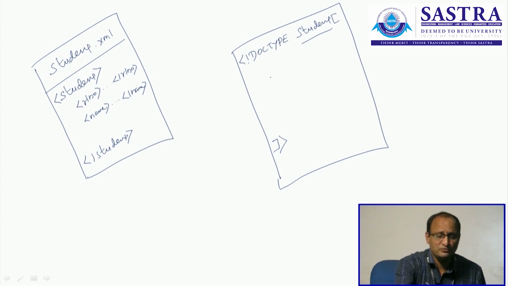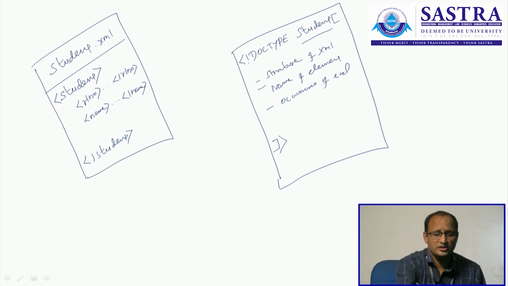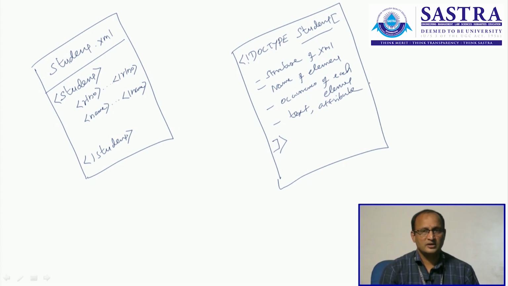So I need to specify the structure of the XML document, then the names of elements and occurrences of each element, and text as well as attributes. These come under the structure or skeleton of an XML document.